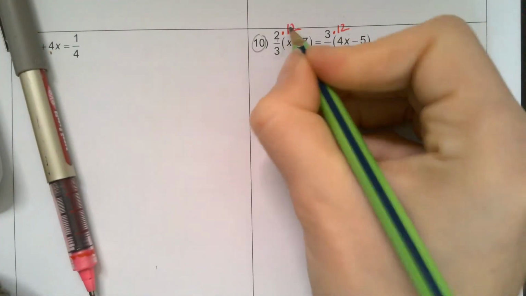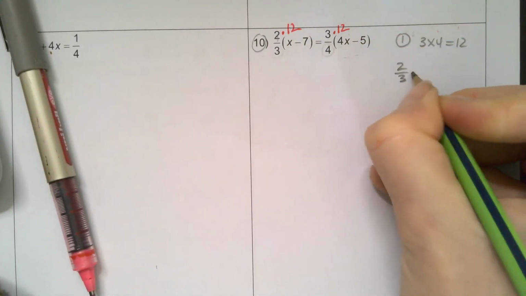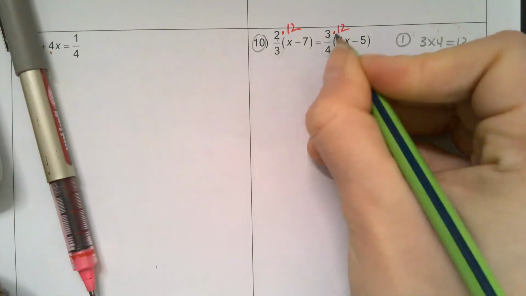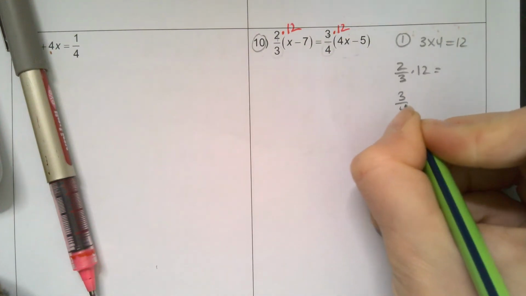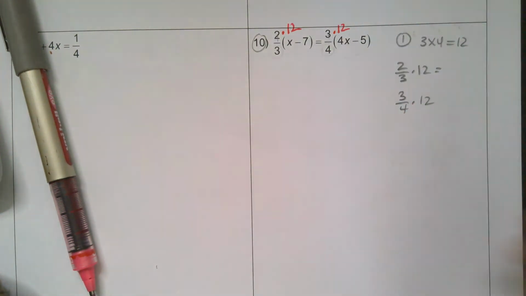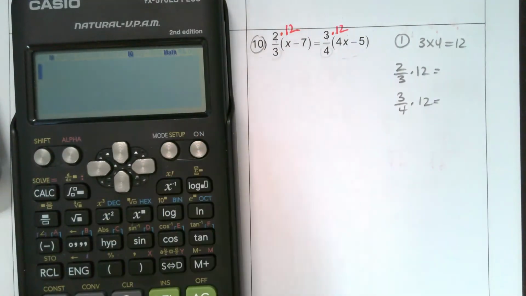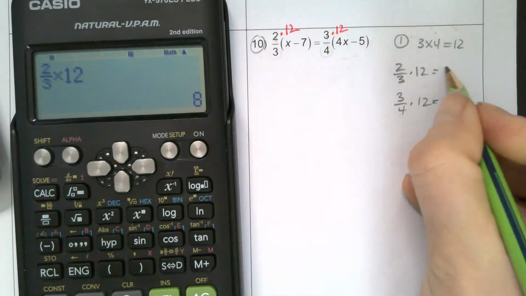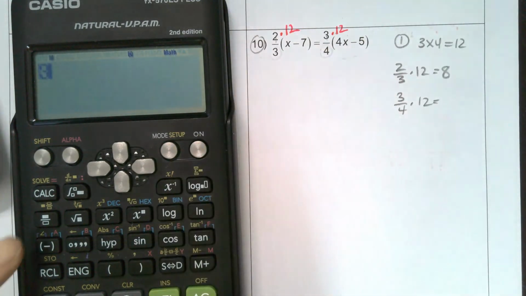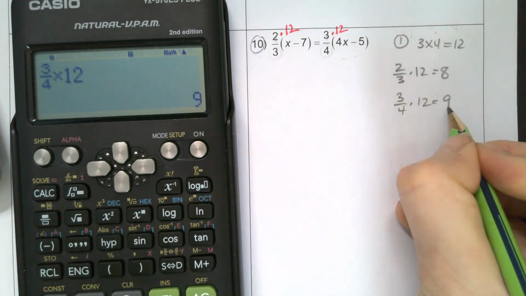So 2/3 times 12 and 3/4 times 12. Let's use our calculators to find that. 2 over 3 times 12 is 8, and 3 over 4 times 12 is 9.